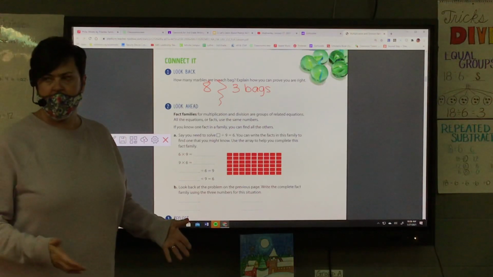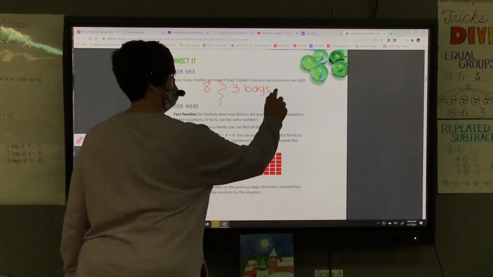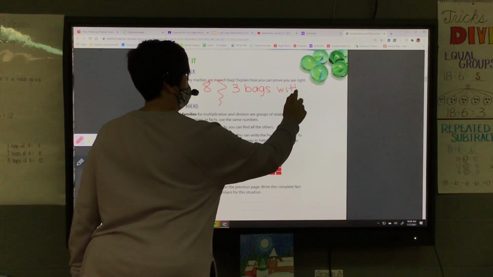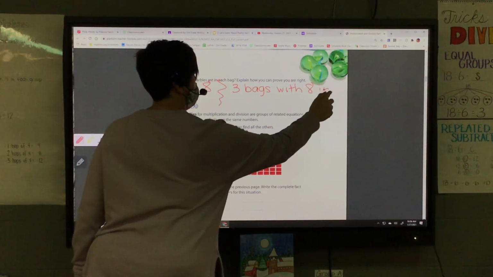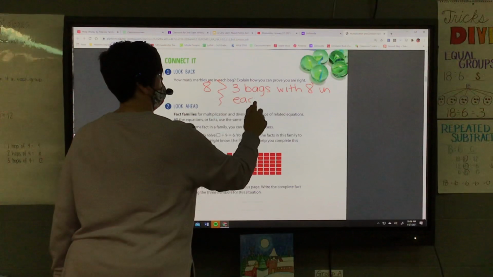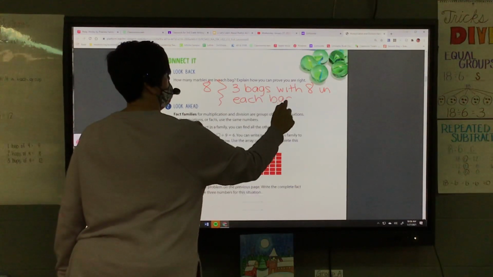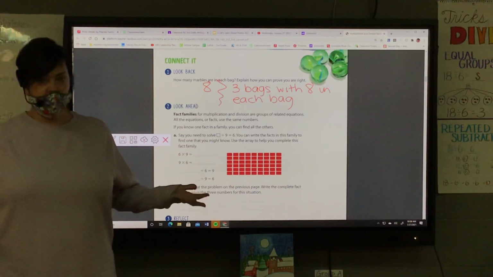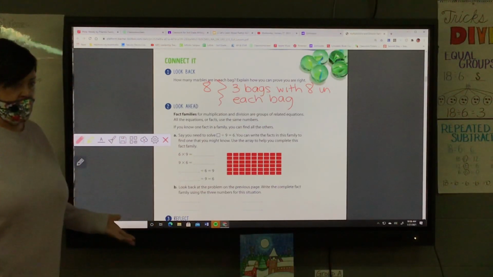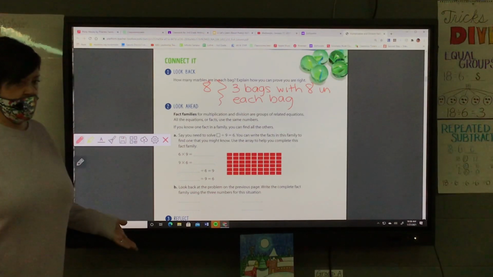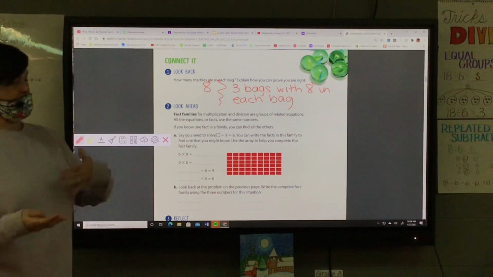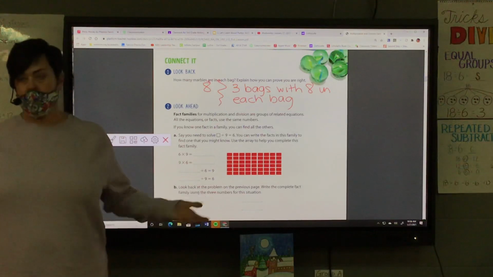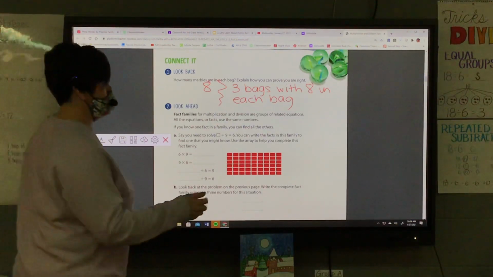With 8 what? In each group. With 8 in each bag. That gives us how many? If there are 3 bags with 8 in each bag, it's a total of what? 24.